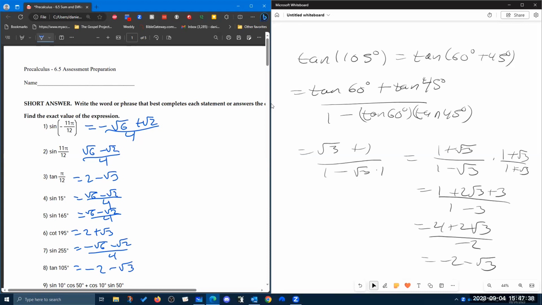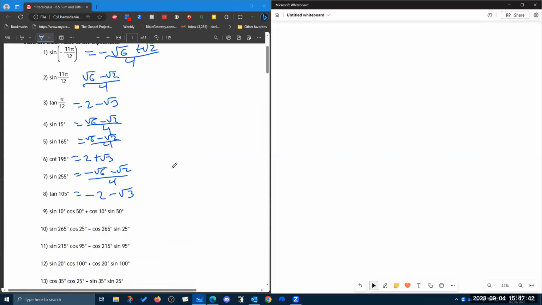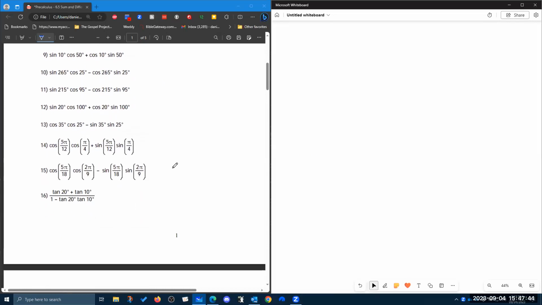Now we're going to deal with some sum and difference identities where we have the right-hand side and we want to go to the left-hand side. So this is going to be a sum difference for sine. It's going to be sine of 10 plus 50, which is sine 60, which is root 3 over 2.